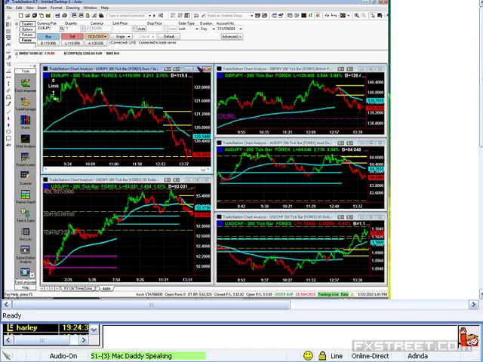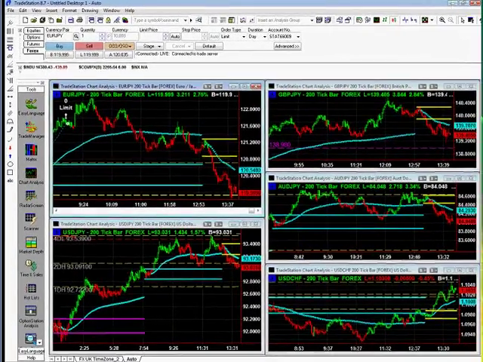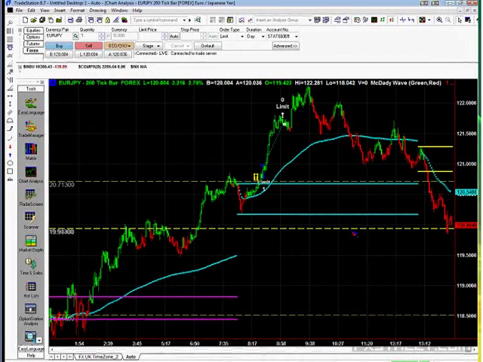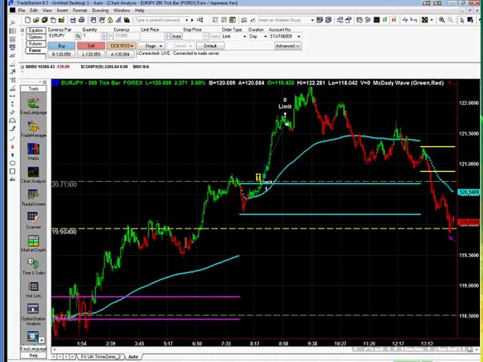Euro Yen. It is coming now. If you see this dashed line, here I want to be short. I want to take this to the short side, but I need to time myself into the trade.